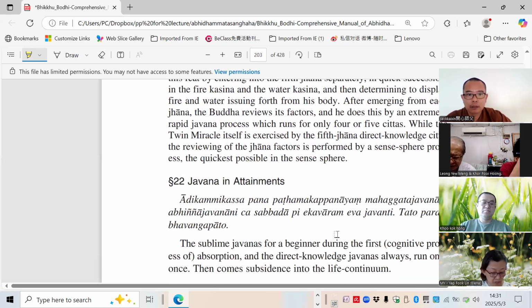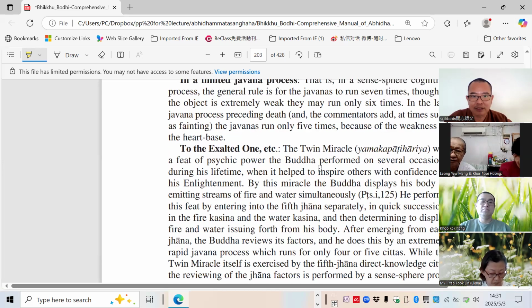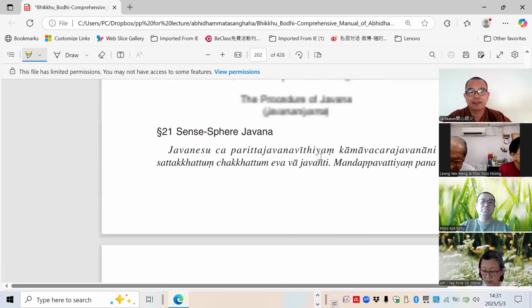The sublime javanas for a beginner during the... Mr. Leong, first... Mr. Leong, never mind, I can stop a moment. Let's try to digest this part first. Okay, thank you so much.